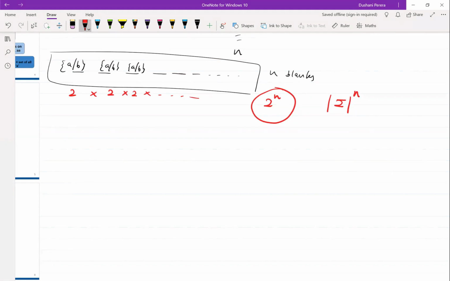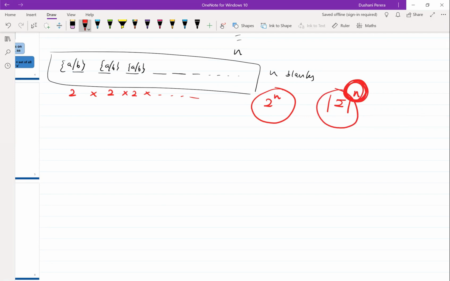Okay, so just keep this in mind, because in a little bit of time we'll be discussing further about this case. So we can get the number of strings that we can create over an alphabet, strings of a particular length, by taking the length of the alphabet and taking the power of the length of the string that we want to create.